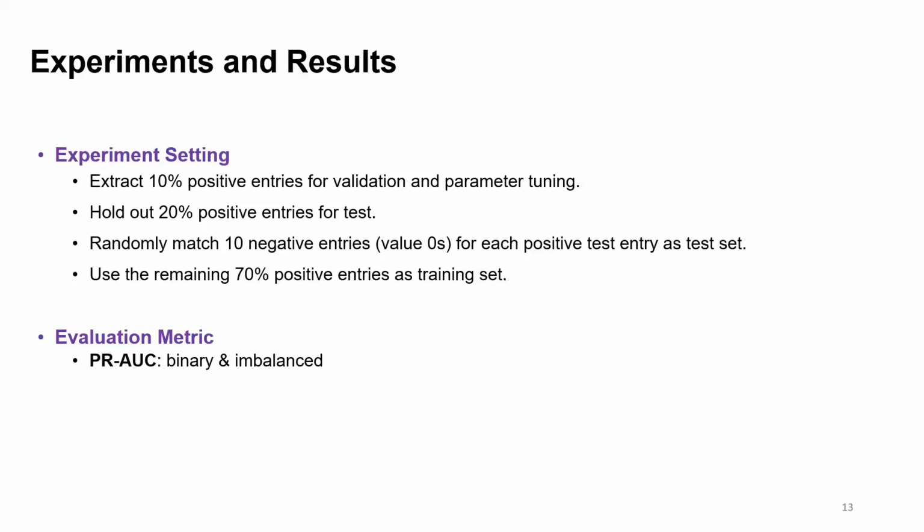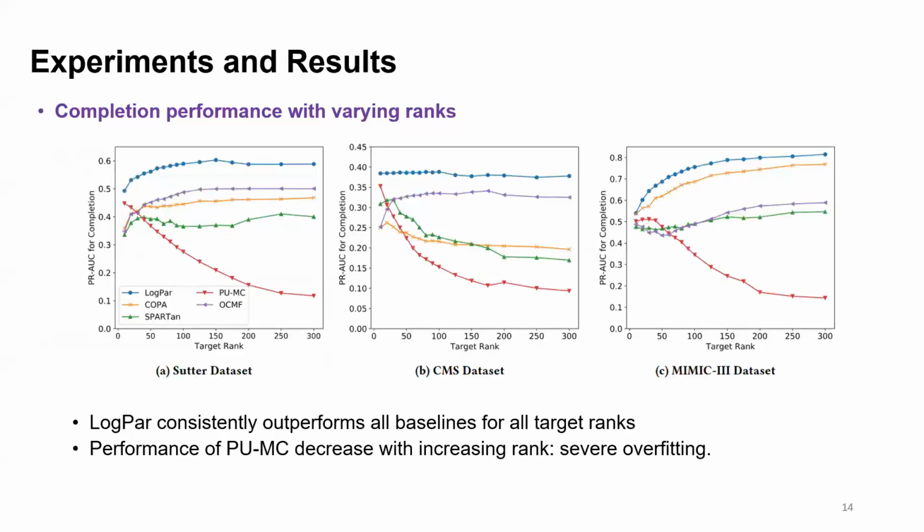Finally, we use the remaining 70% of the positive entries as the training set. We use PRAUC as the evaluation metric because of the binary and imbalanced nature of the datasets.